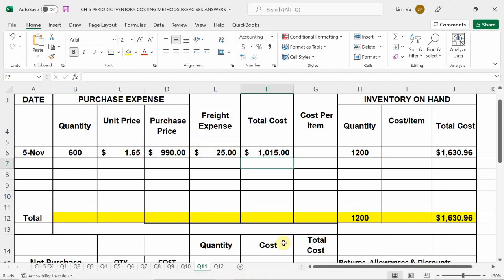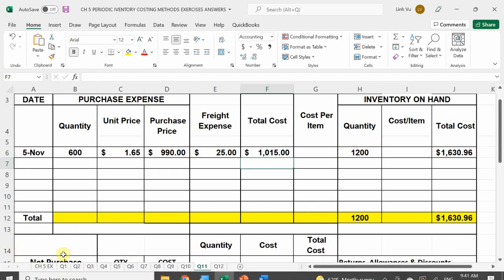Yeah, good. So in this case, we don't need to solve for our average cost per item because in this case, we have beginning inventory. So it doesn't matter whether we make an association with this batch of inventory or not. Right?